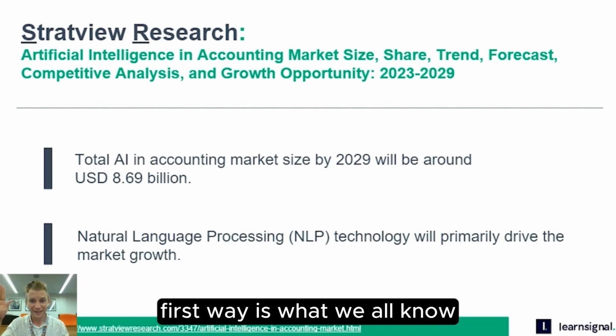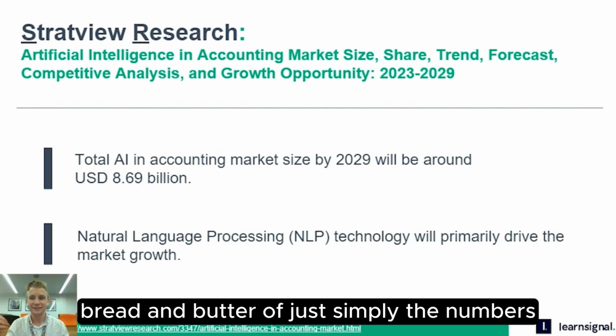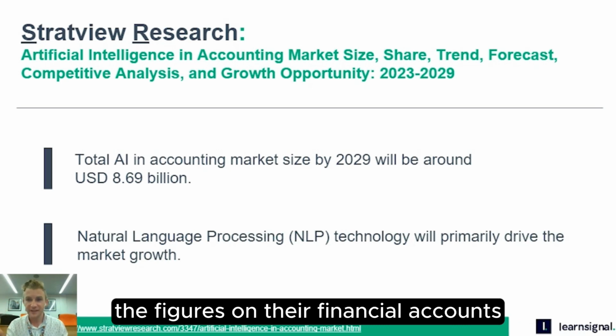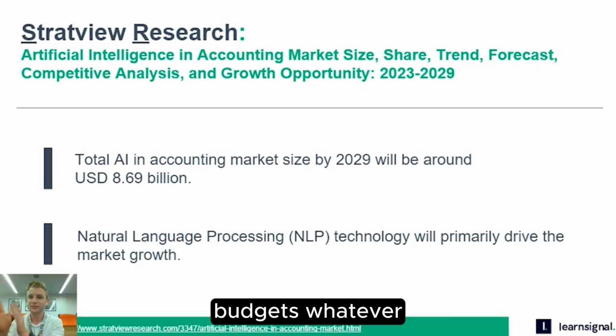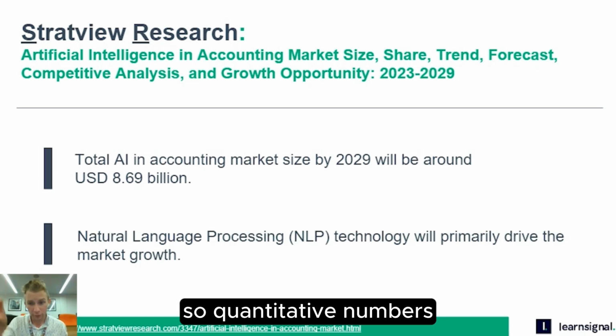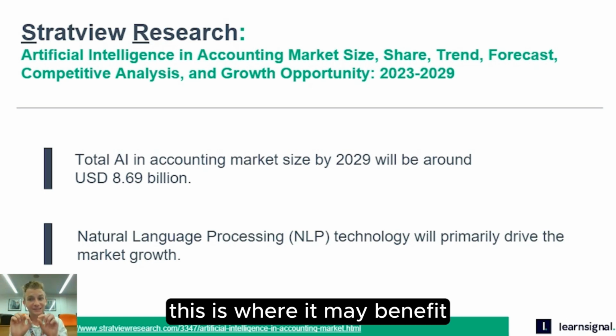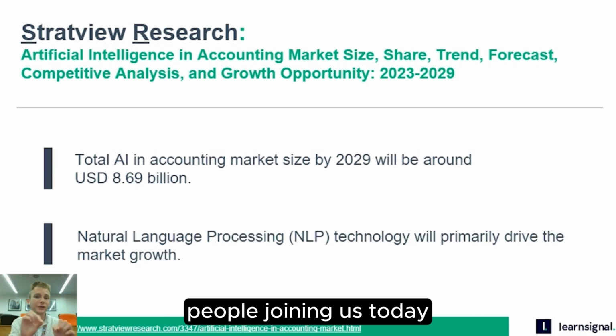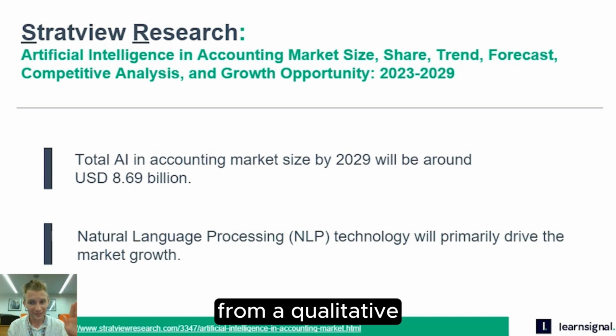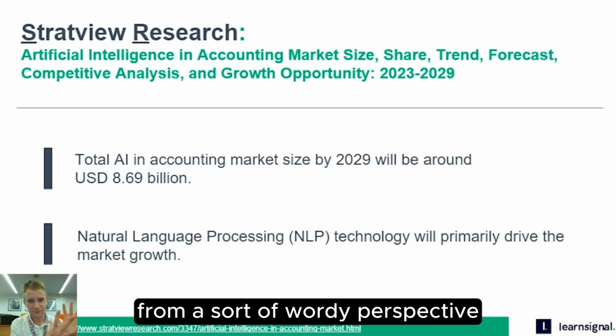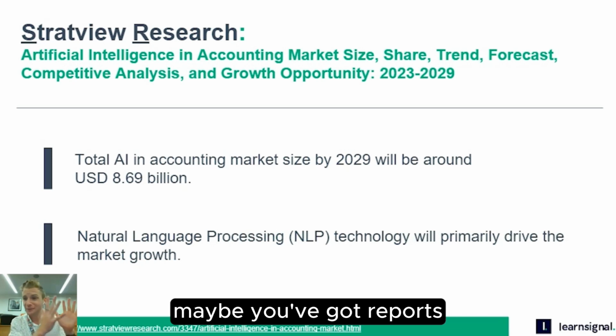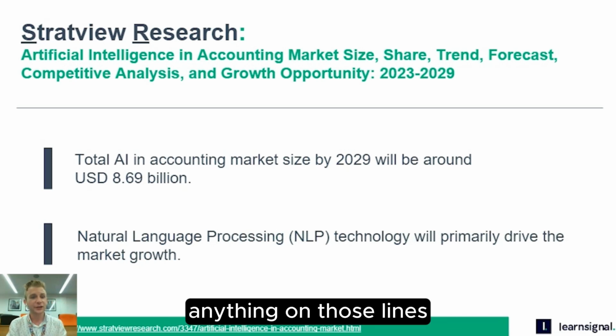Okay. First way is what we all know, the bread and butter of just simply the numbers, the figures on their financial accounts. Maybe it's a list of invoices, budgets, whatever. So quantitative numbers. This is where it may benefit people who are joining us today from a qualitative, sort of wordy perspective. Maybe you've got compliance, maybe you've got reports, anything along those lines.